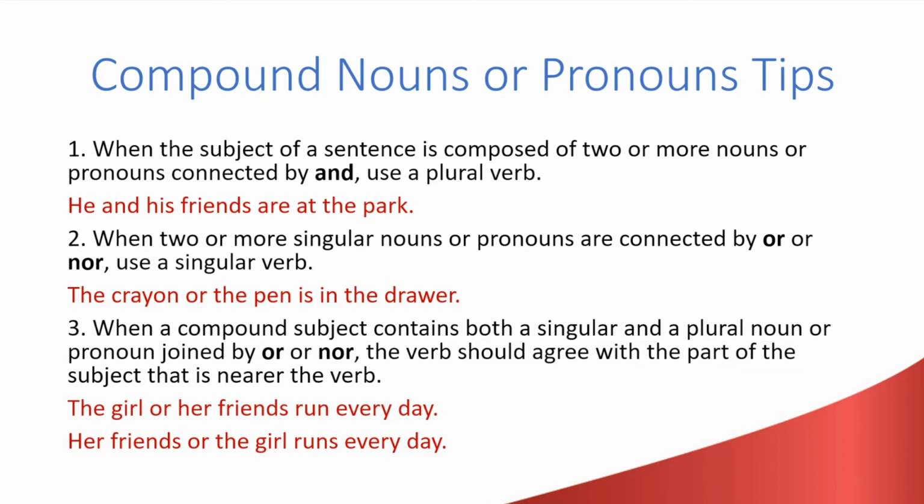For example, the crayon or the pen is in the drawer. And when a compound subject contains both a singular and a plural noun or a pronoun joined by or nor, the verb should agree with the part of the subject that is nearer the verb. Okay, so the girl or her friends run every day. Or if it said her friends or the girl runs every day.